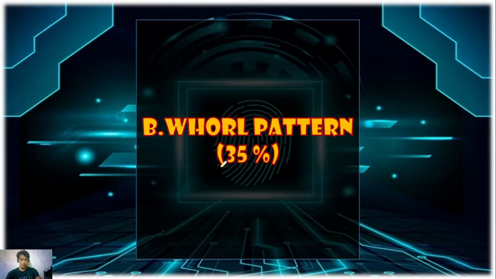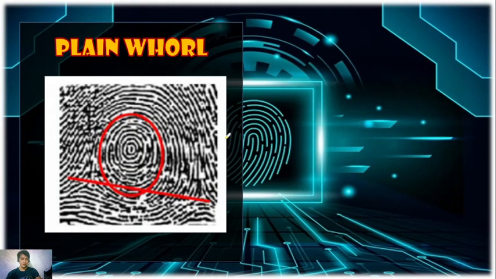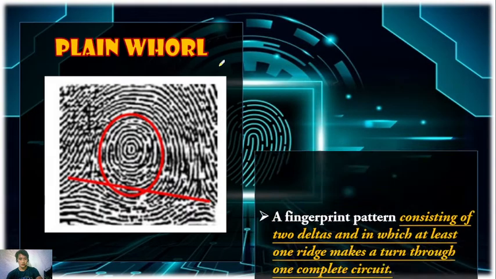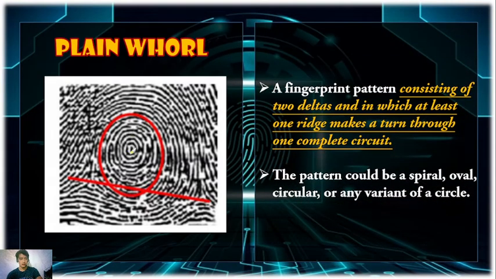So let's try to have here more on what is all about the whirl pattern. We have here the first kind, kasi there are several kinds of whirl that we have. So let's try to have here first the plain whirl. So paano natin masasabi na ito ay just a plain whirl?